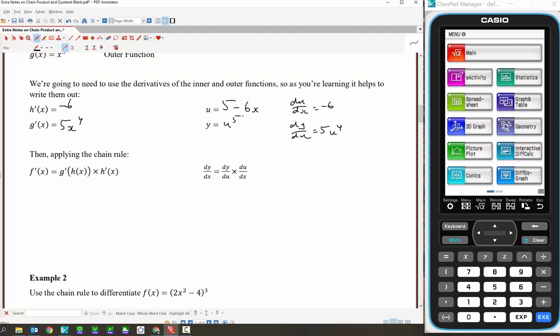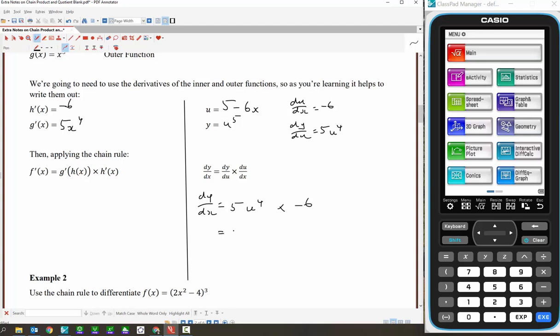Now I'm going to do it with Leibniz's notation first, 1, because it's my preference, and 2, because it's the way it's written on our formula sheet. So dy dx is equal to dy du. Now that's dy du there. So it's 5u to the 4 multiplied by du dx. Now, we've done a u substitution, that is, we've let u equal the linear, 5 take away 6x.